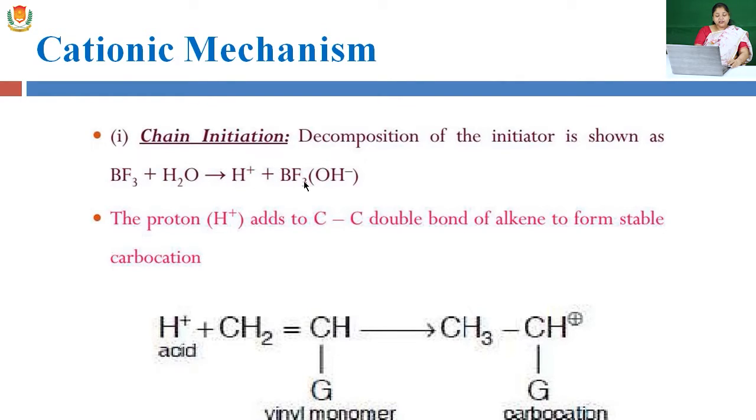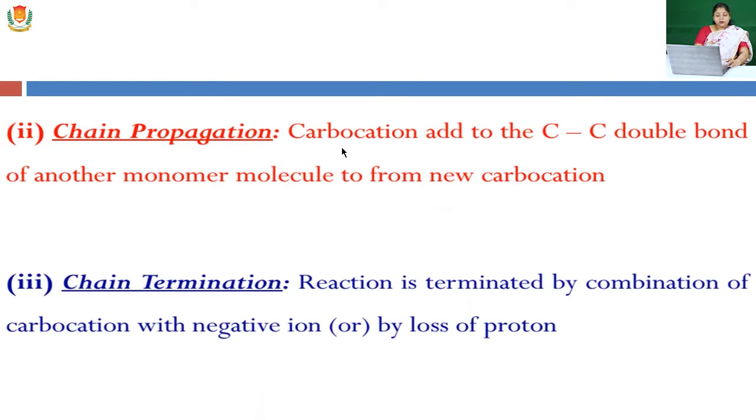The mechanism is similar to the free radical mechanism and contains 3 steps. Number 1, chain initiation step. In the chain initiation step, decomposition of the initiator is shown as below. Like boron trifluoride reacts with water and produces a cation. This cation reacts with a C double bond C like an alkene and forms a carbocation.